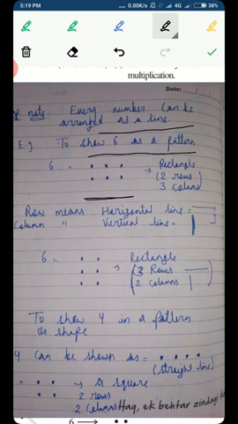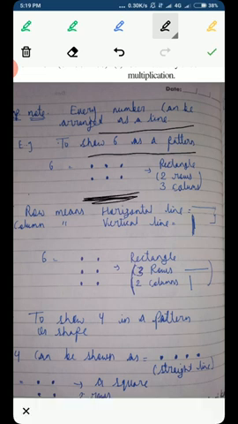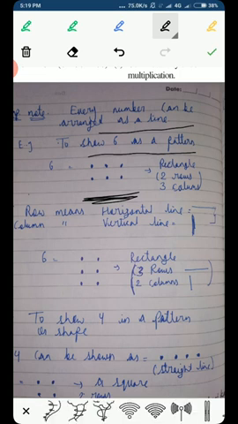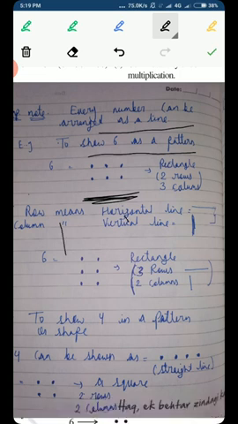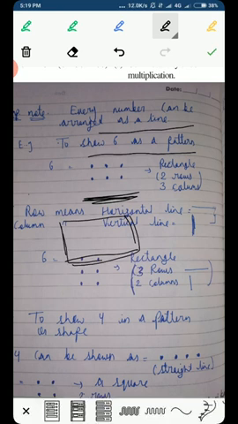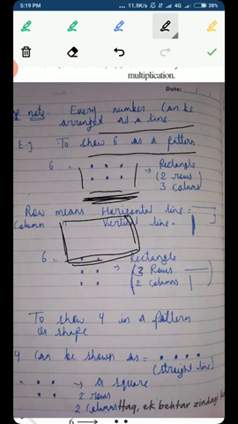What you are seeing here is the shape of a rectangle. You know that in a rectangle, opposite sides are of equal length. In the shape you have made with dots, you can also see that opposite sides are of equal length.